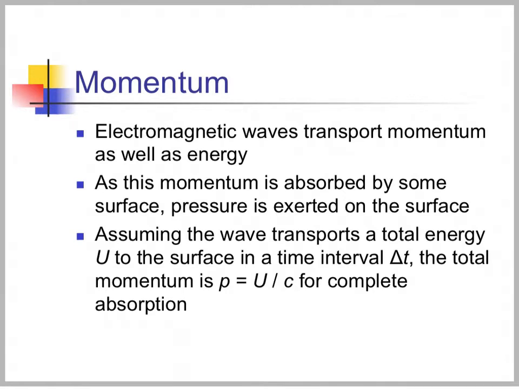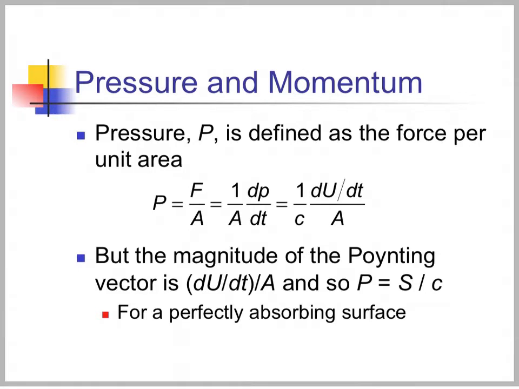So if we're assuming a wave transports, say, a total energy U to a surface in a time interval delta t, the total momentum is U over c for complete absorption. The pressure then is defined as force per unit area.